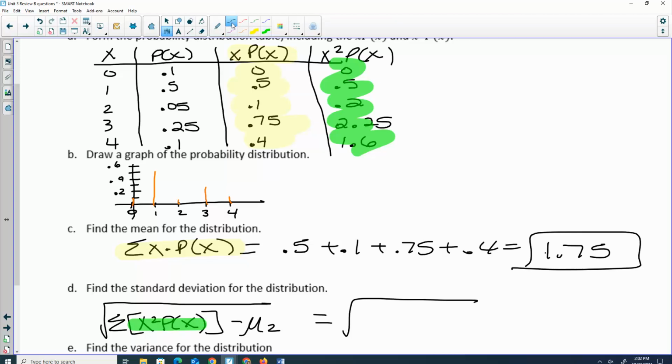Add all those. Minus, I don't know why I wrote mean sub 2. I said squared, didn't I? Yeah. I just wrote it as a subscript. Minus 1.75 squared. So I'm just going to type that all in my calculator.